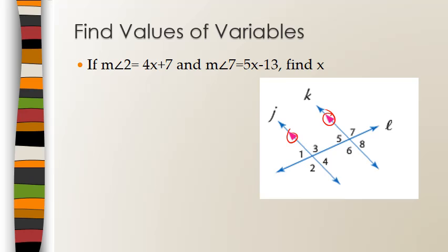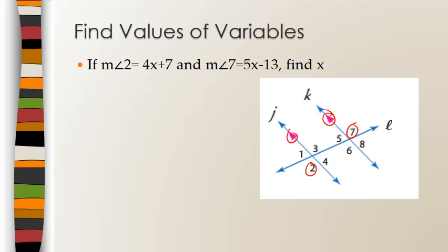All right, so 2's right here, 7's right here, and J and K are parallel, L's the transversal.